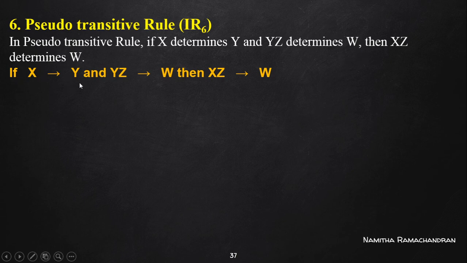Then if X implies Y and Y, Z implies W, these two are valid dependencies which are given, then we can infer another dependency, that is X and Z determines W. X implies Y and Y, Z implies W are the two valid dependencies given. Then X, Z implies W is again a valid dependency which is inferred from these two given dependencies with the help of this transitive rule.